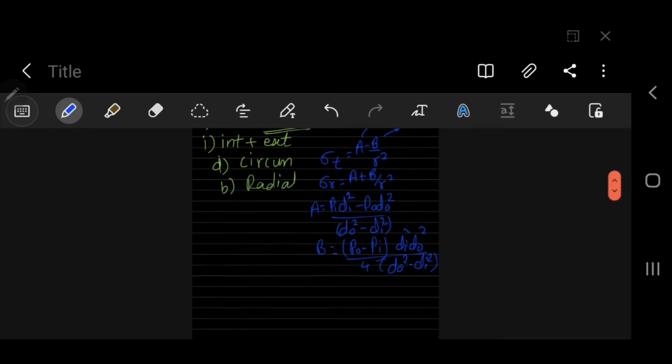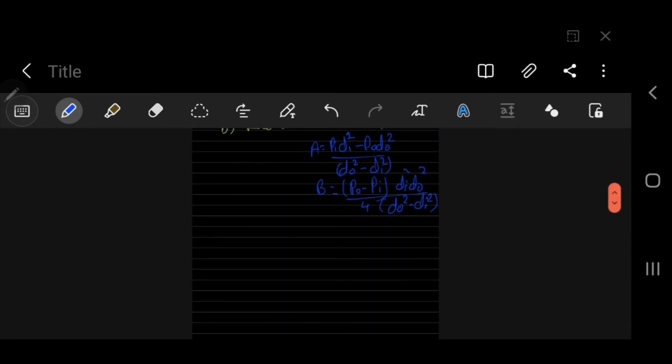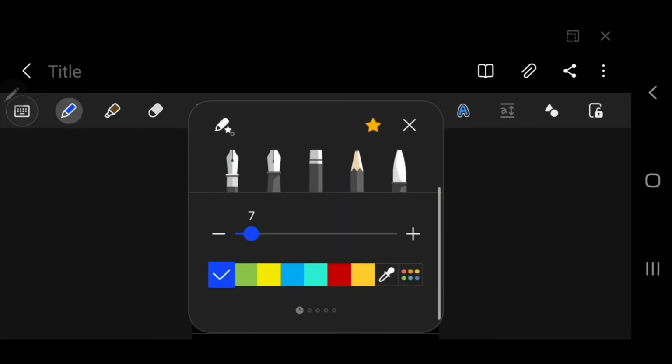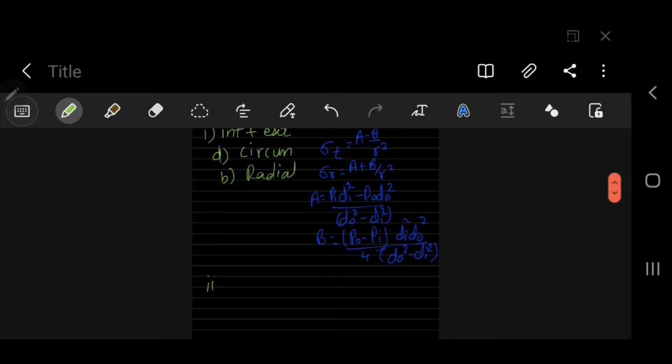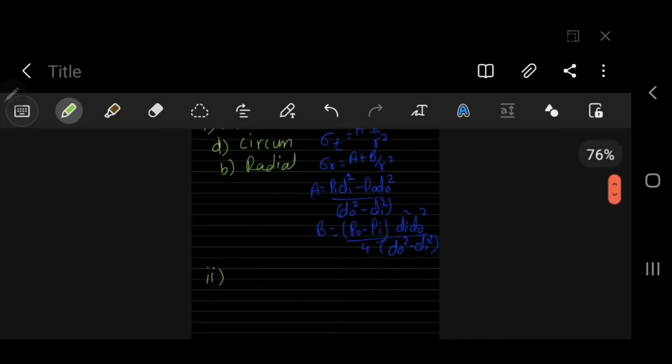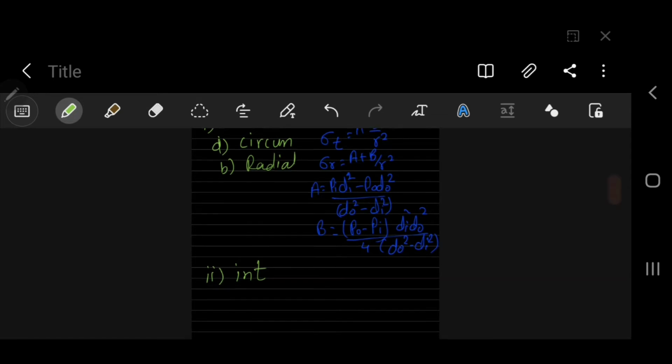when a thick cylinder is subjected to internal pressure only. For that we don't need to remember the formulas.